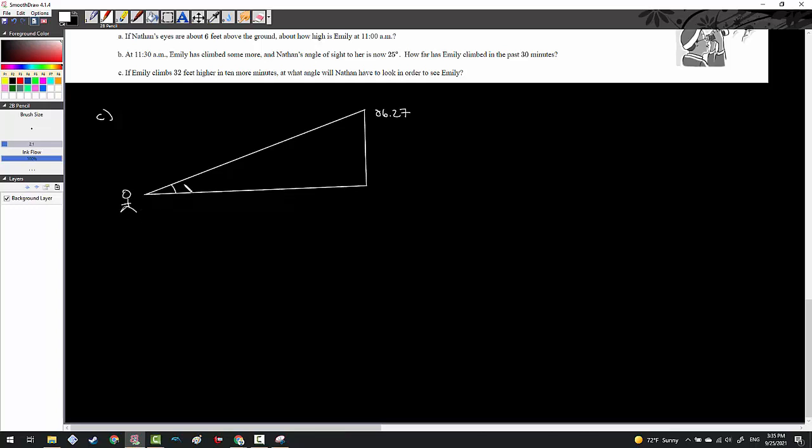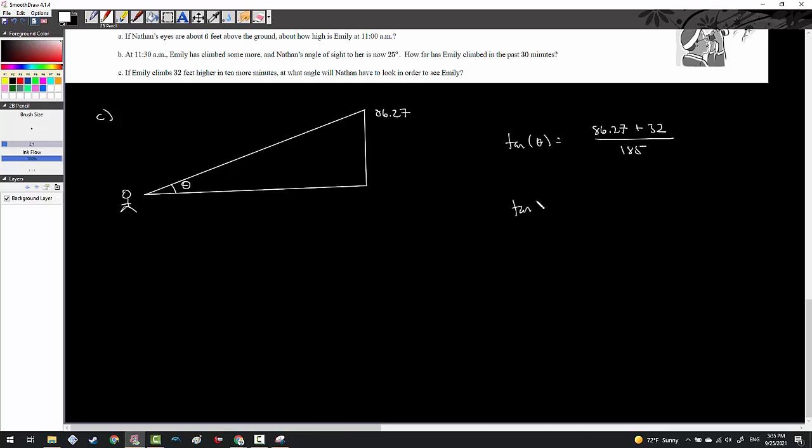Nathan is right here. We're trying to find out the angle at which Nathan's going to have to look. So we know that tangent of theta is going to equal 86.27, but we're going to add 32 more feet to it. Nathan's distance from the mountain has not changed. He's not moving, so that's going to divide by 185.